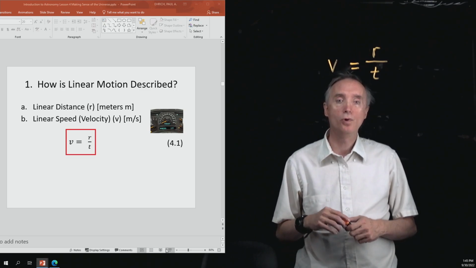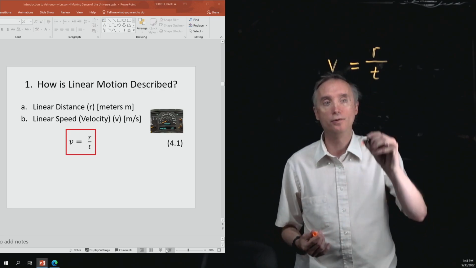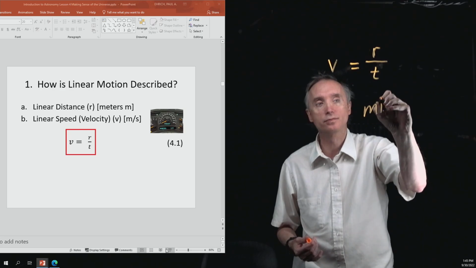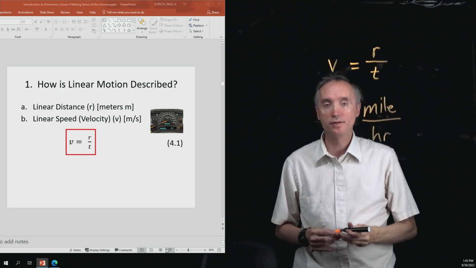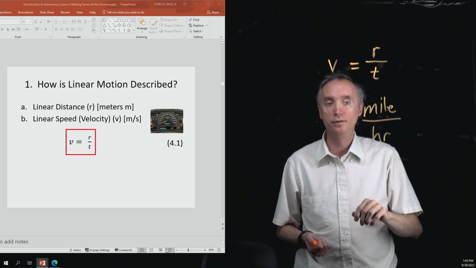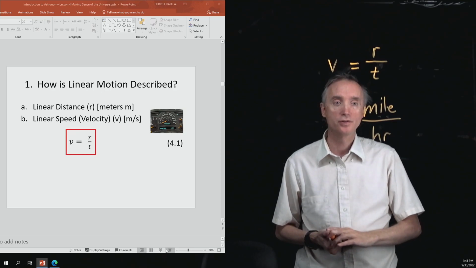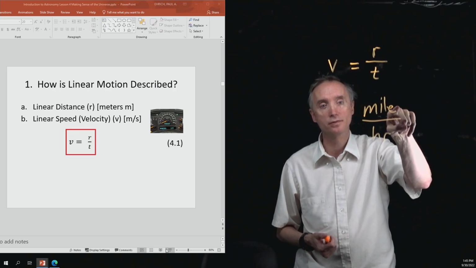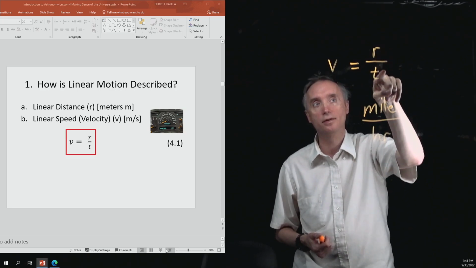So exactly what does miles per hour mean? Okay, so it would be miles per hour. So it's the number of miles you travel in 1 hour if you were going at that constant speed. So look at this. You've got a distance divided by a time. Just like up here, you got a distance divided by time.